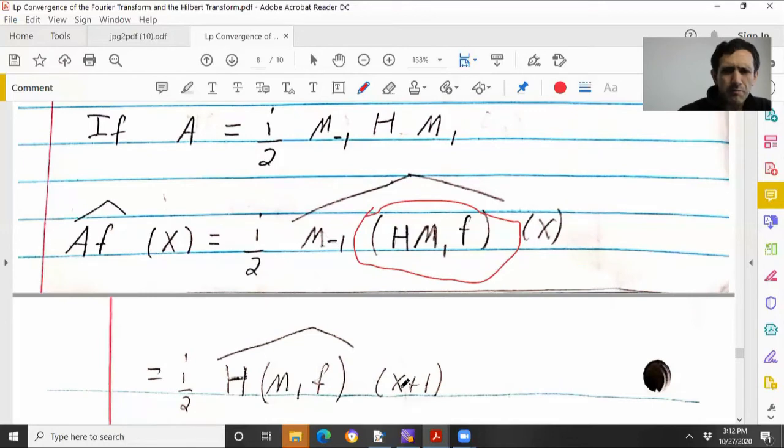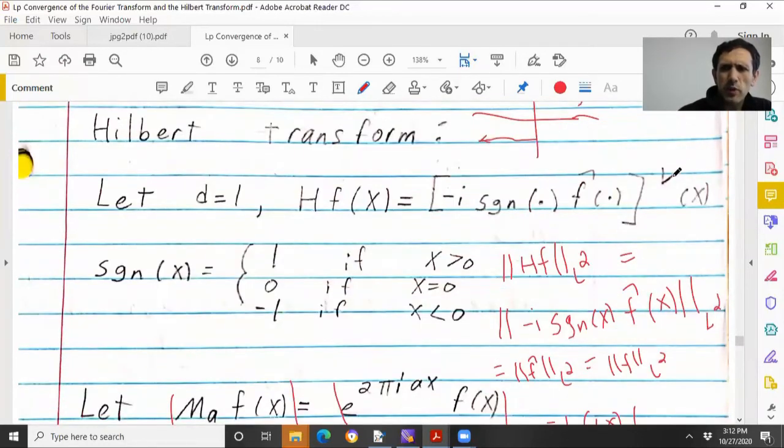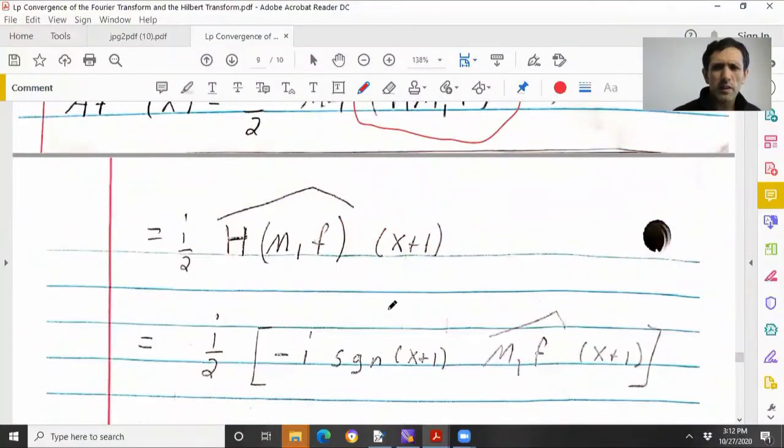Well, just by Fourier inversion, it gets rid of this inverse Fourier transform. So it's minus i sgn of x plus 1 times the Fourier transform of whatever's inside here at x plus 1.